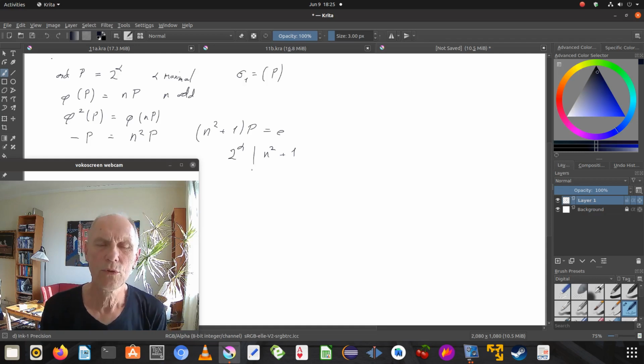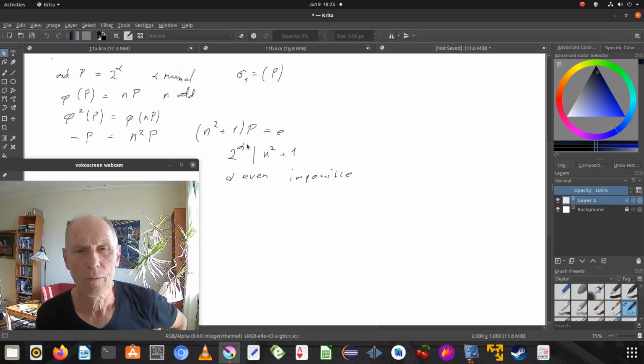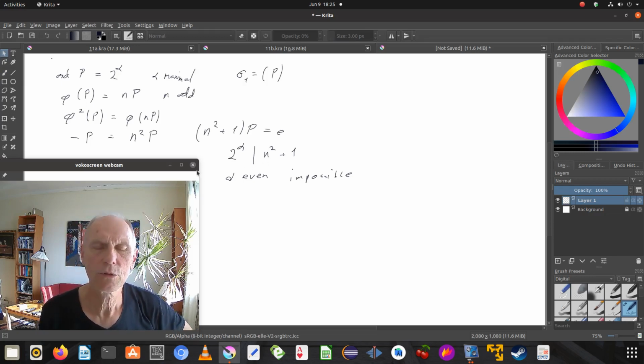Or actually I do. If alpha is even, then it's impossible, because this is a square, they cannot lie so close. So is n alpha is odd.